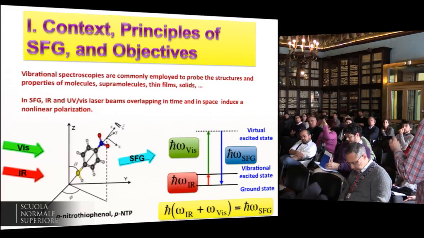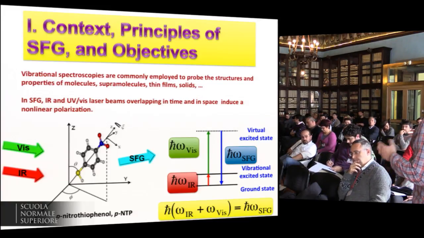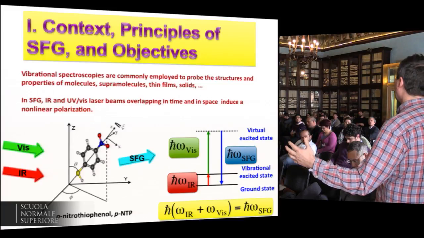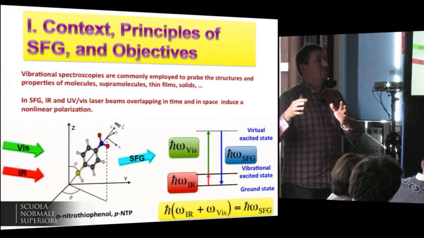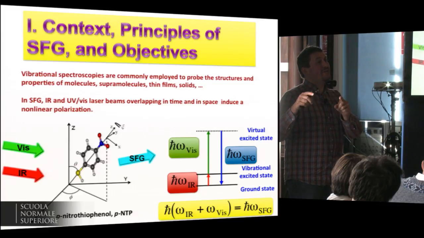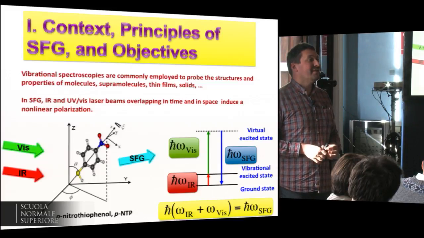And this is exactly the equivalent of going from normal Raman to resonant Raman. If you have a normal Raman, you probe all the modes of your molecule, and when you go to resonant Raman, you probe those modes which are associated with the part of the system where the electronic excitation sits.